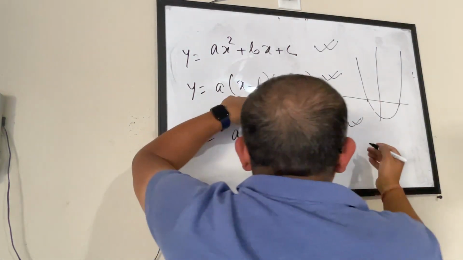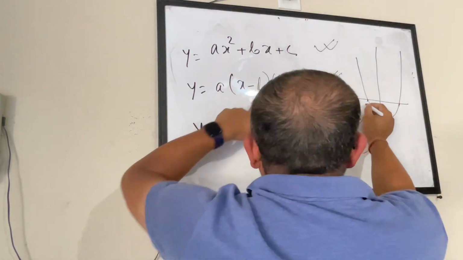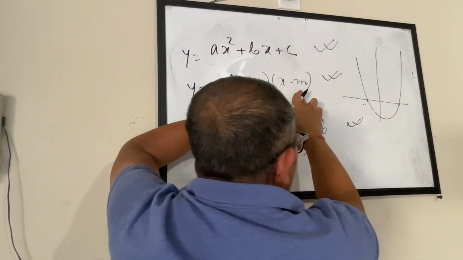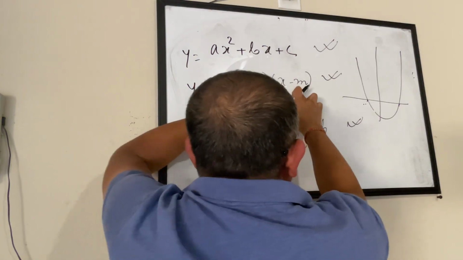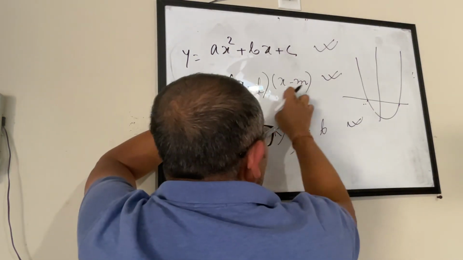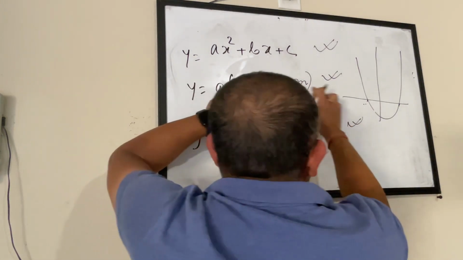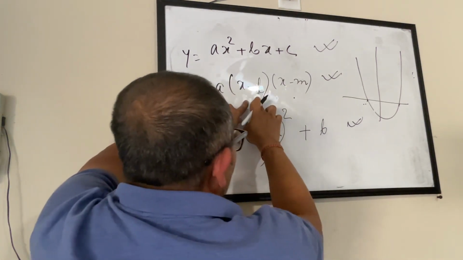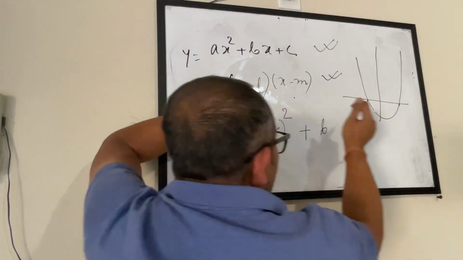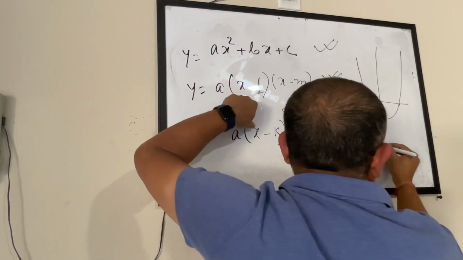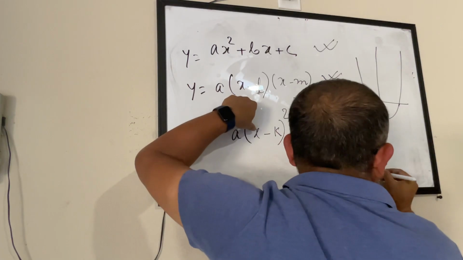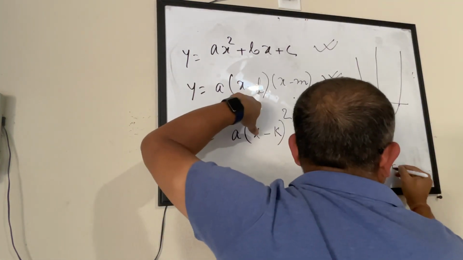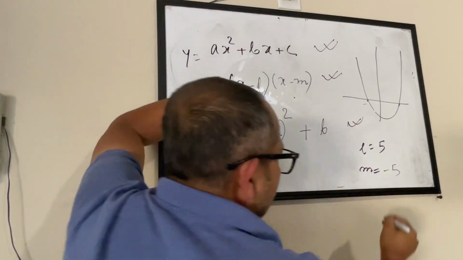You tell me why? Because if the value of x equals L or M, these are points L or M. Let's say L is 5, M is, let's say 6, or let's say minus 5, or minus 6, I'm just making it up.